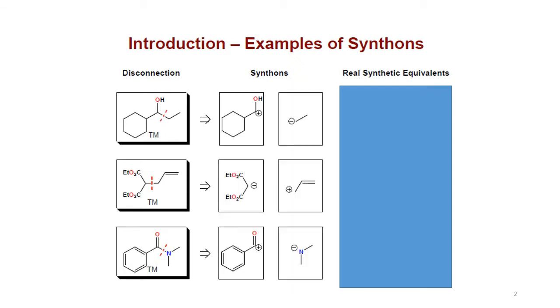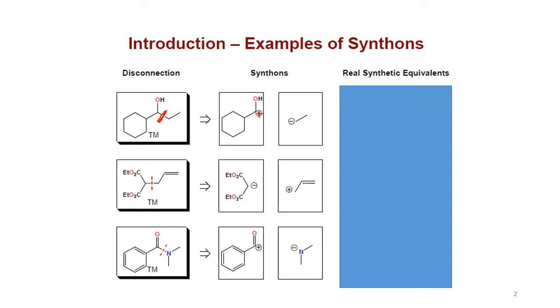In the first molecule, if we disconnect at this part, normally we disconnect the bond that is near to the functional group. So we get plus, and also minus.